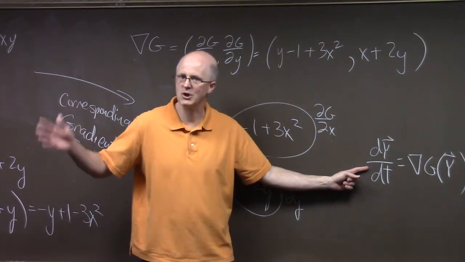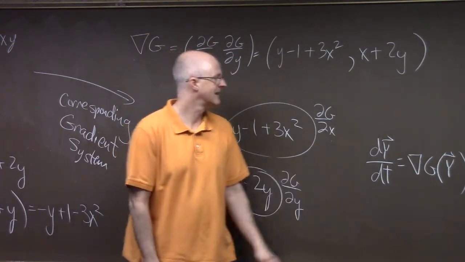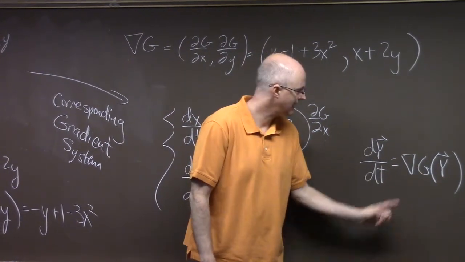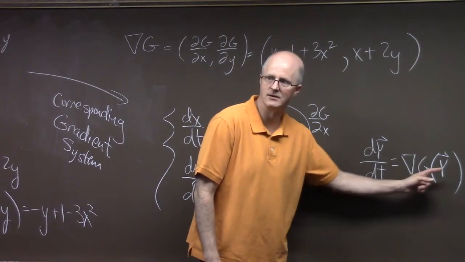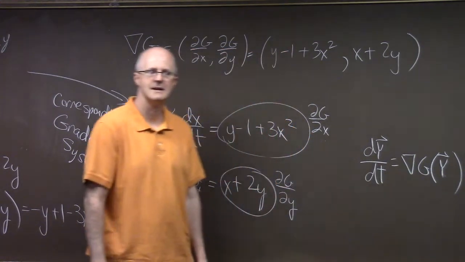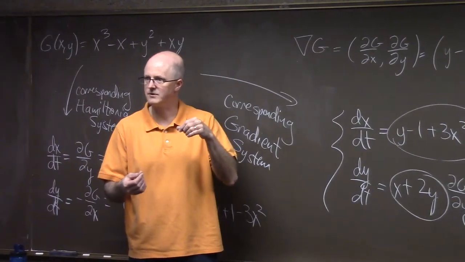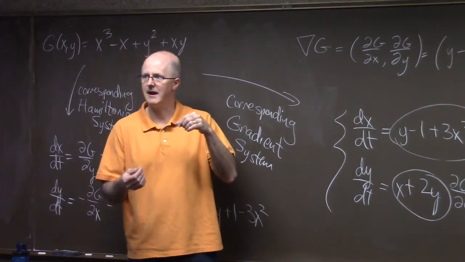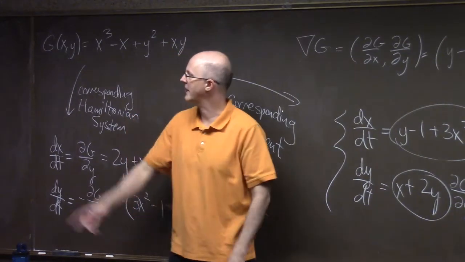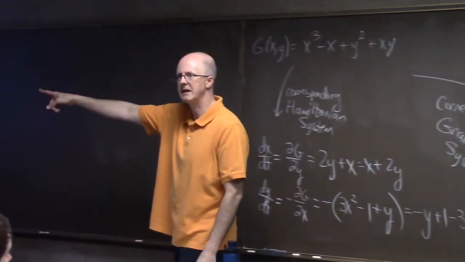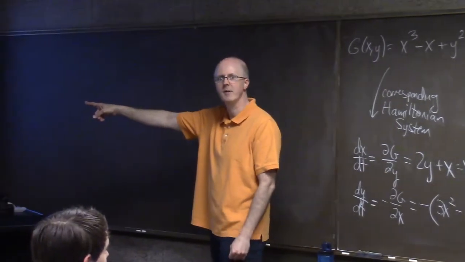It's the velocity for the solution curve in the phase plane, equal to the vector field at any given point. And the vector field in this case is the gradient vector evaluated at the given point. So if you draw the gradient vectors, those vectors are velocity vectors for solution curves as the solution curves go around. So the solution curves have to cross these level curves in a perpendicular way. They have to be orthogonal.